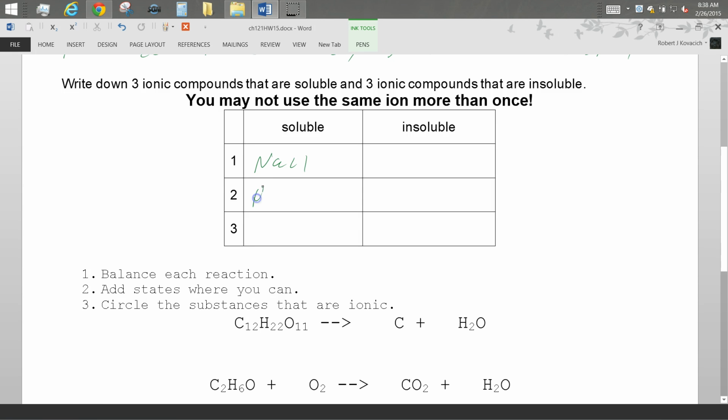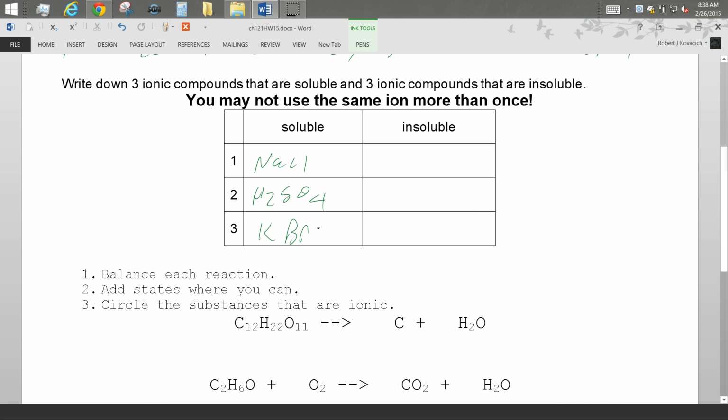Okay. So now hydrogens and sulfates are out. What do you want to use now? Potassium bromide. Okay, so those guys are all soluble.